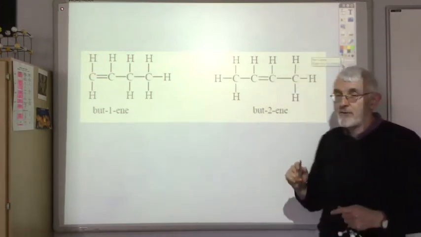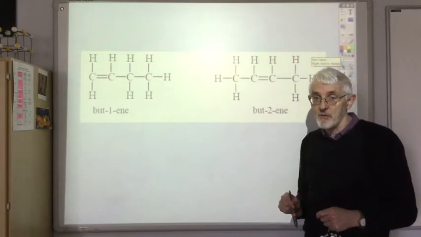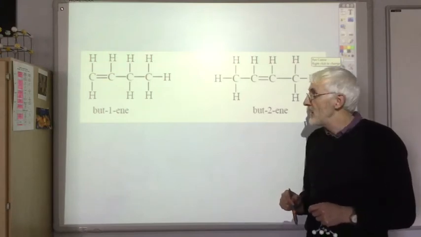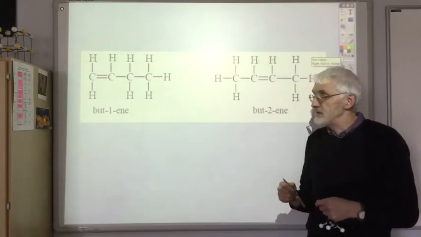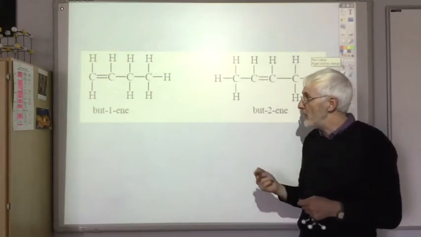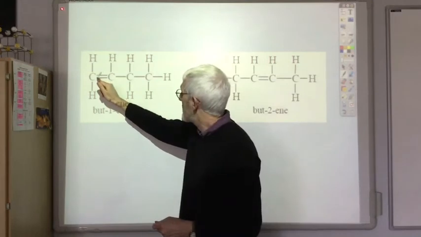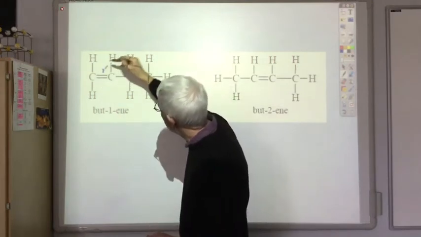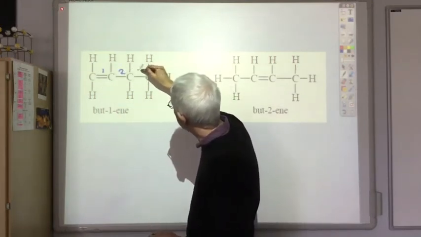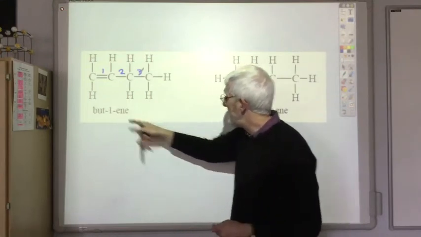So the number refers to the position of the carbon-carbon double bond, and the numbering system is we just number the carbon-carbon bonds. So we call this the first carbon-carbon bond, this would be the second, this would be the third. So it's but-1-ene.